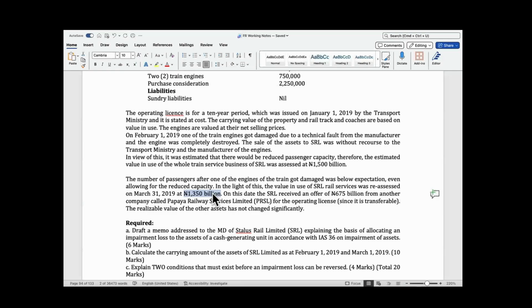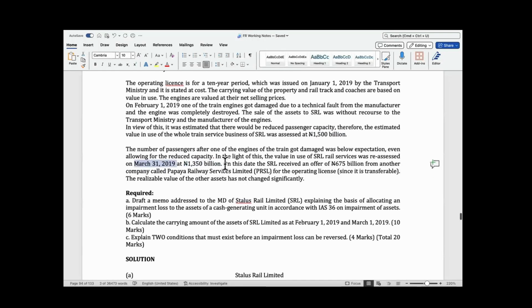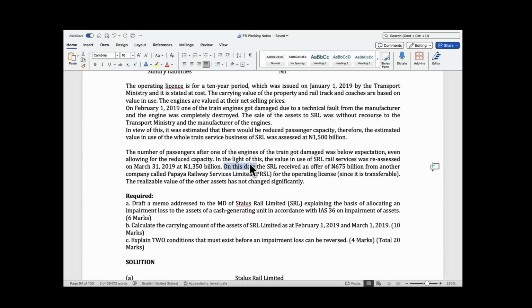So there is a further reduction in the value in use from this to this on these dates. So there is a further impairment loss. We are now told that in March, SRL Limited received an offer of 675 billion from another company called Papaya Rail Service for the operating license.